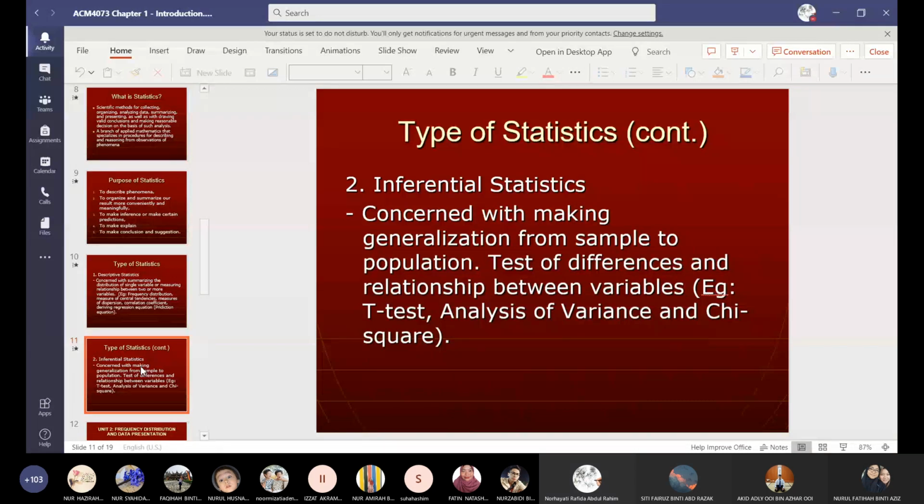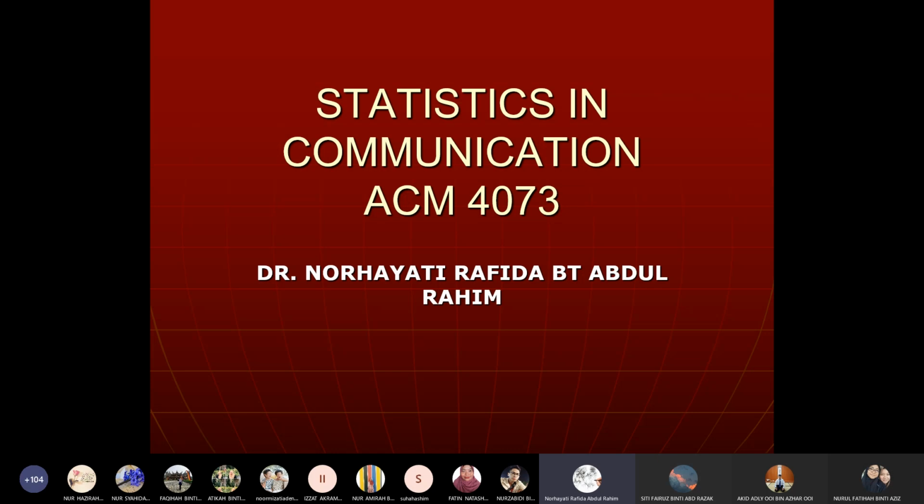The bigger the number of your sample, the more reliable your findings. Tests of differences and relationships between variables, for example, t-test, analysis of variance, and chi-square.